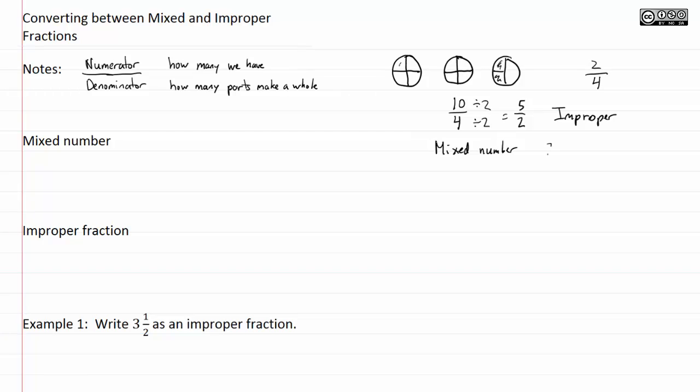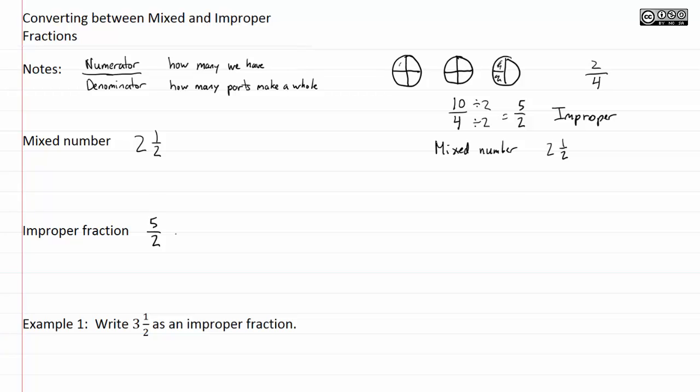You've got 2 pizzas and you've got a half of one. So 2.5 pizzas. So our mixed numbers, we're going to figure out how many wholes we have and how many parts. So some examples here, like this one, the 2.5 is a mixed number. And its corresponding improper fraction was this picture here, where we had 5 halves.